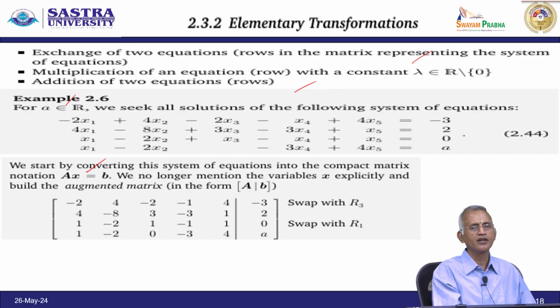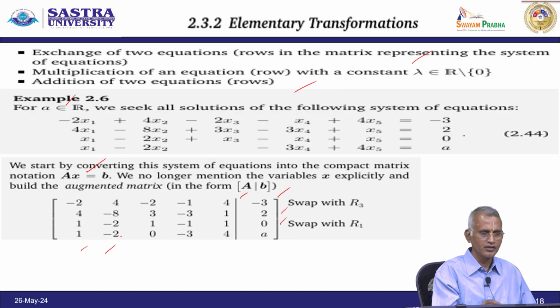So, the coefficients of x1, x2, x3, x4, x5 of the first equation go into the first row, and the corresponding value is minus 3. Similarly, for the second row: 4, minus 8, 3, minus 3, 1, and right hand side value 2. The third one is 1, minus 2, 1, minus 1, 1, with right hand side value 0. And the last equation: 1, minus 2, 0, minus 3, 4, and the corresponding value is a.